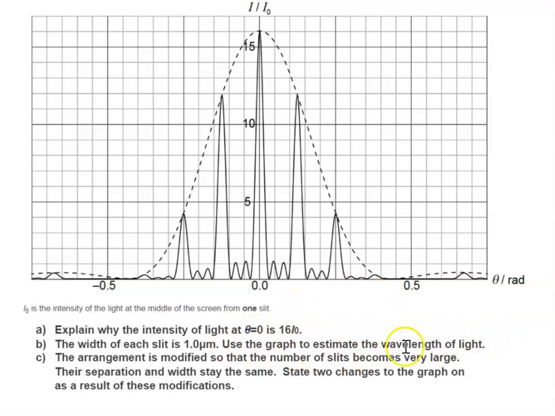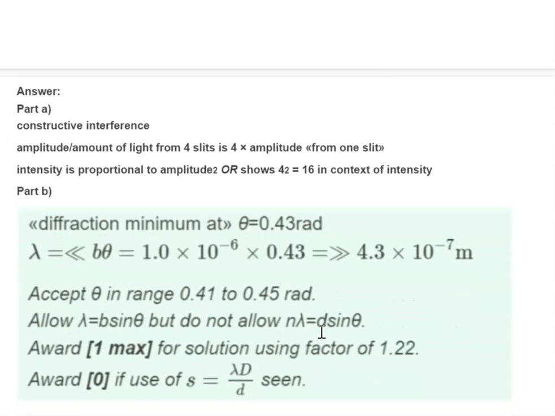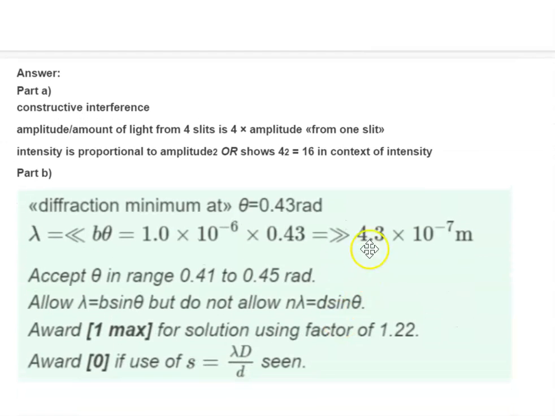Use the graph to determine an estimate for the wavelength of light. Well, we can just say theta equals lambda over B and do a quick simple math there to get the wavelength. It looks like that's what they did, and they got 430 nanometers here. So that works out nicely. They did accept a range, and they didn't give you any points if you used D, the topic 4 double slit equation.